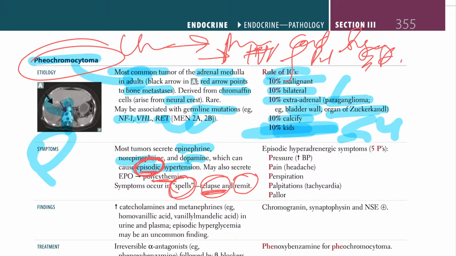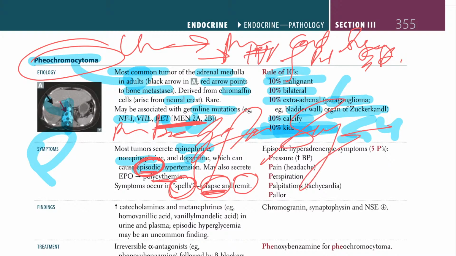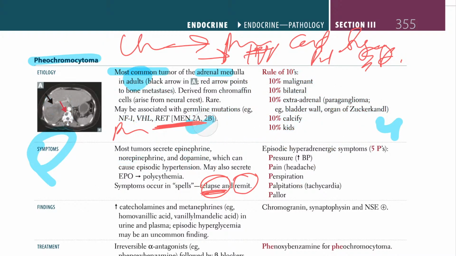That's important, okay? That is why patients with RET gene mutation, which is MEN2A, MEN2B, that is why patients with MEN2 should be screened for pheochromocytoma before they even go for surgery. Okay, so that is an important clinical tie-in.